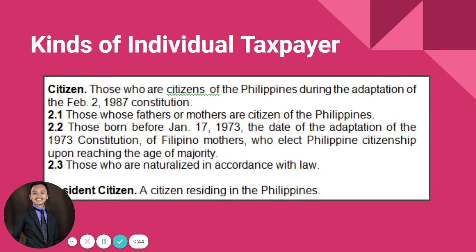is a citizen. So, citizens are those citizens of the Philippines during the adoption of the February 2, 1987 Constitution, those whose fathers or mothers are citizens of the Philippines, or those born before January 17, 1973, the date of the adoption of the 1973 Constitution, of Filipino mothers who elect Philippine citizenship upon reaching the age of majority, and those who are naturalized in accordance with the law.